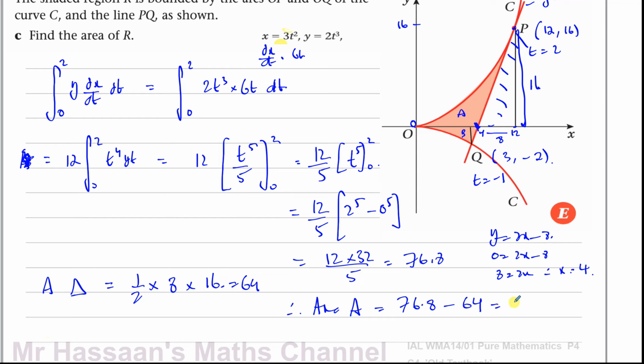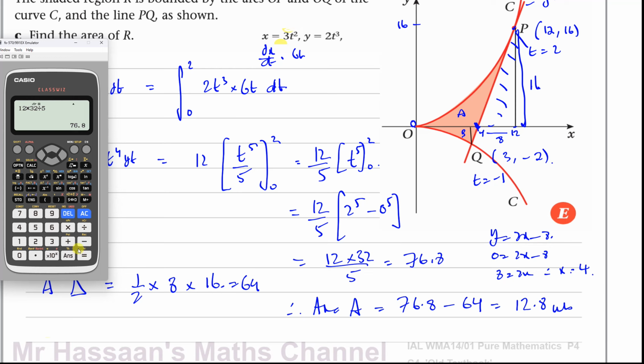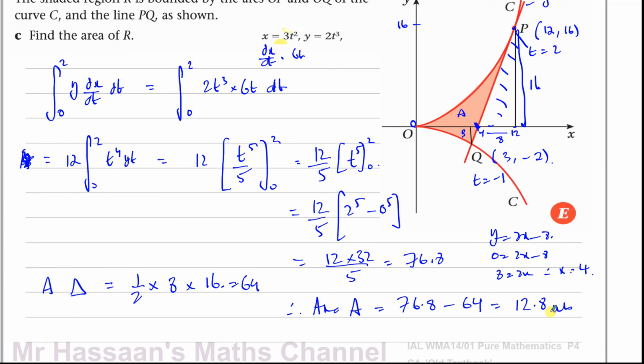So 76.8 minus 64 is 12.8 units squared. So that's the area of part A.